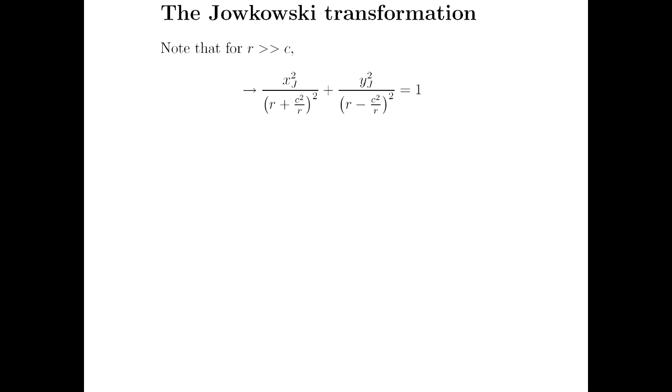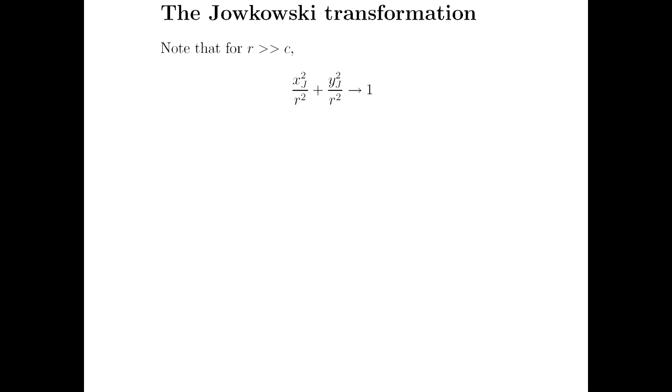Okay? Now, let's say R is much greater than C, or C is very, very small. You can see that these terms here go to 0, and it basically approaches a circle.